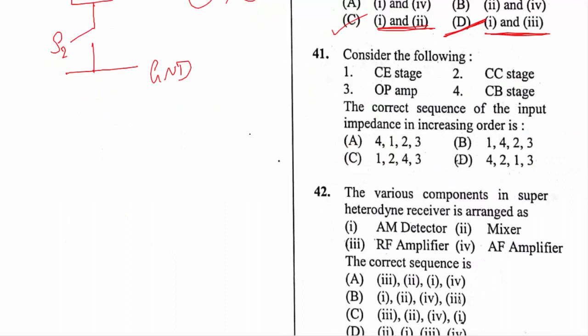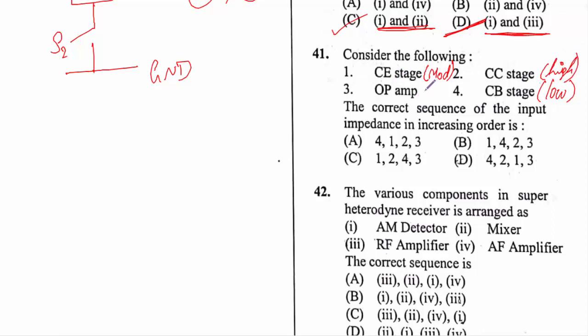41st question what they have given is, consider the following amplifiers. The correct sequence of the input impedance in increasing order. We know that for common base, input impedance is low. In the case of common emitter, input impedance is moderate. In the case of common collector, it is very much high.